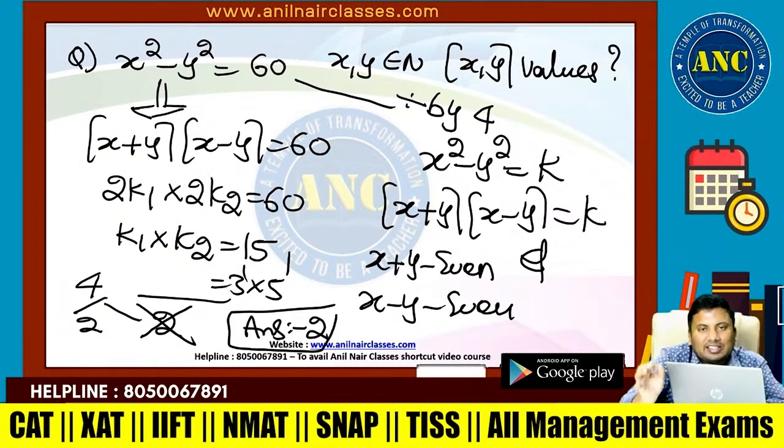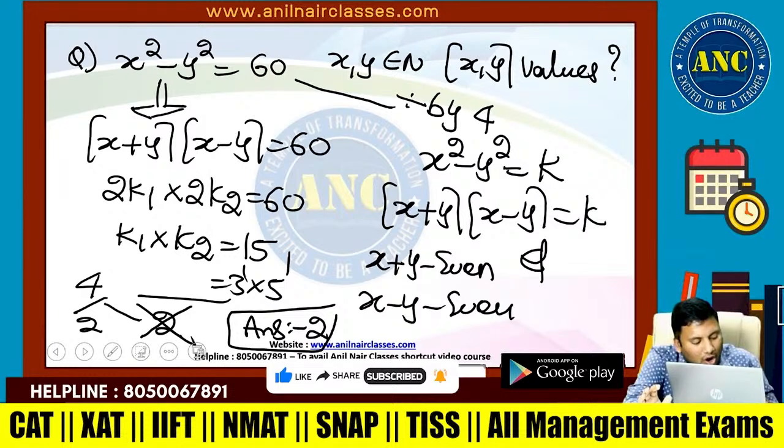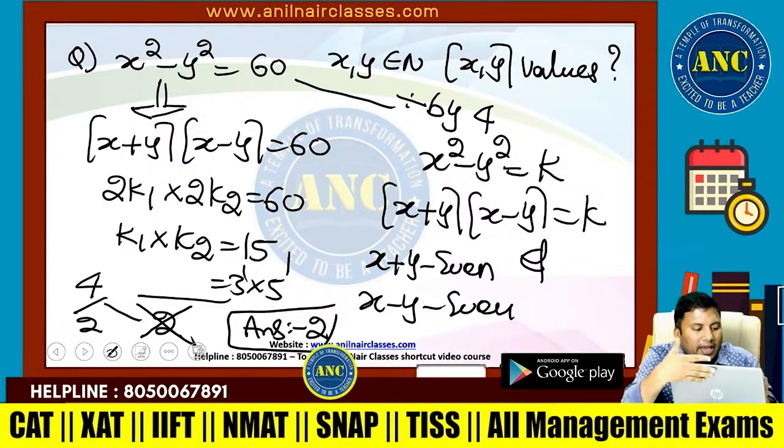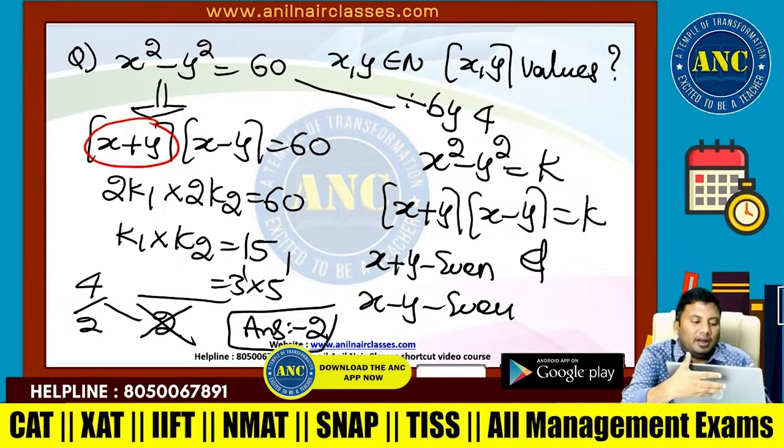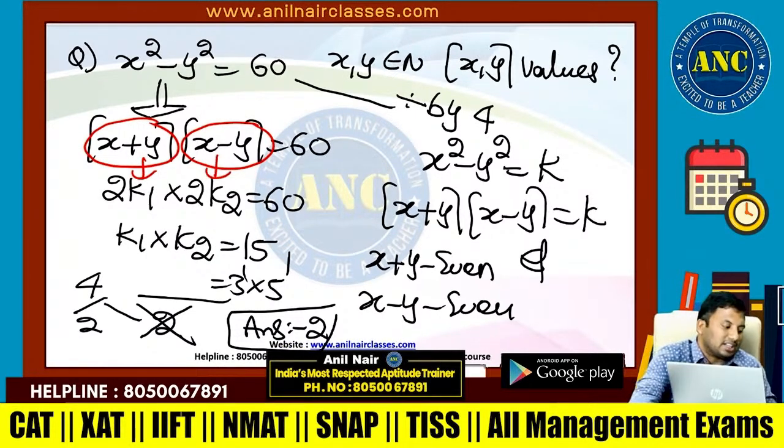If the right hand side is divisible by 4, all you have to do is make x plus y an even number and x minus y an even number. Rest all the cases are similar.